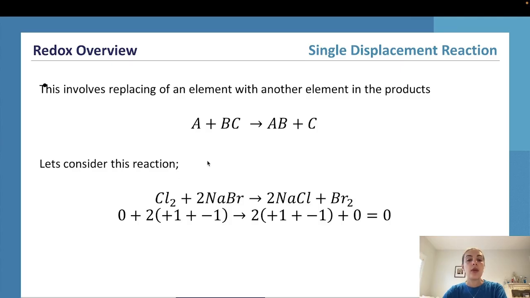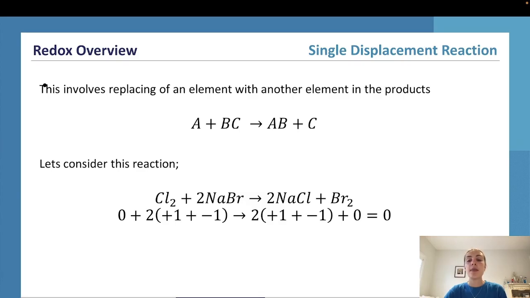Then we can see the sodium and the bromine. We can go on to our rule number 3, which tells us that sodium is going to have a +1 oxidation number because it is a group 1 metal, and we remember based on rule number 3, group 1 metals will have an oxidation number of +1.